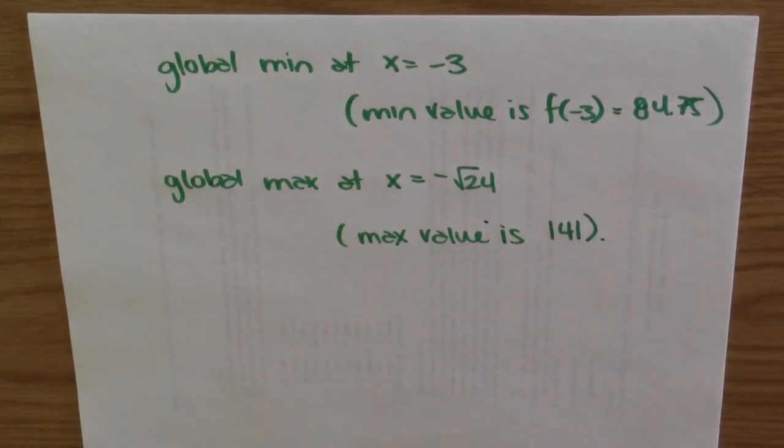So in this case, even though I don't have a closed interval, I can get a global maximum and a global minimum by inspecting the behavior of this function.